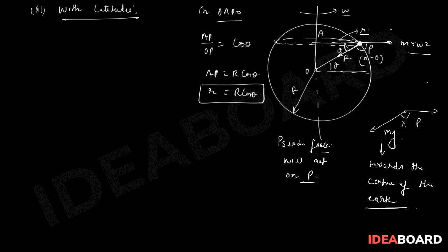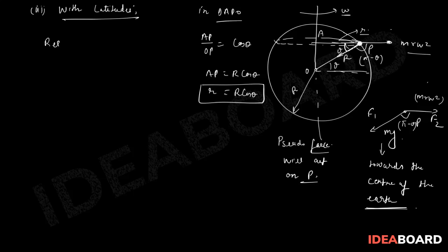That means there are two forces, one is mg, another is m r omega square, at a certain angle which is pi minus theta. So now you need to calculate the resultant of these two forces.